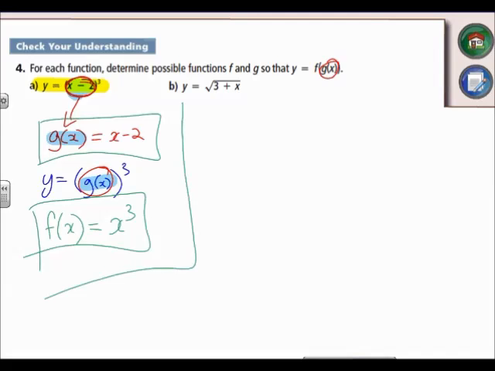Let's look at the next one. Again, identify anything that looks like it's been stuffed. Hey, there's real brackets hiding in there. So let's take that inside the brackets, pull it out, make it into a g. So right there, g is going to be 3 plus x.